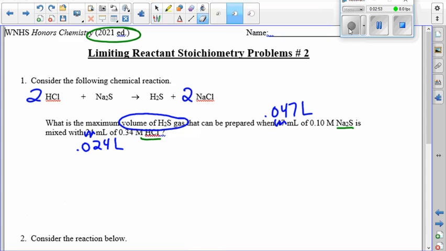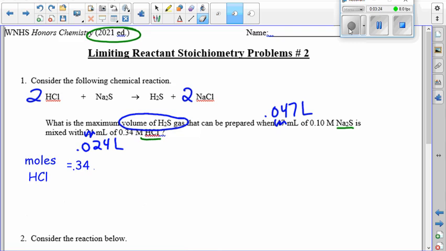So I'll start by finding the moles of both. The first reactant I like to find the moles of is whichever one's listed first in the problem. So this equation has HCl listed first, so I'm going to go ahead and calculate that. So I have my moles of HCl. This is a solution. So the moles of a solution are the molarity, which in HCl's case is 0.34, times the volume. And notice I'm not going to accidentally put 47 here because I didn't forget to convert it into liters before the problem.